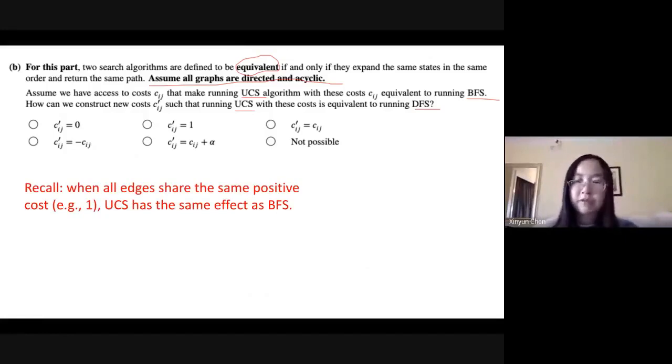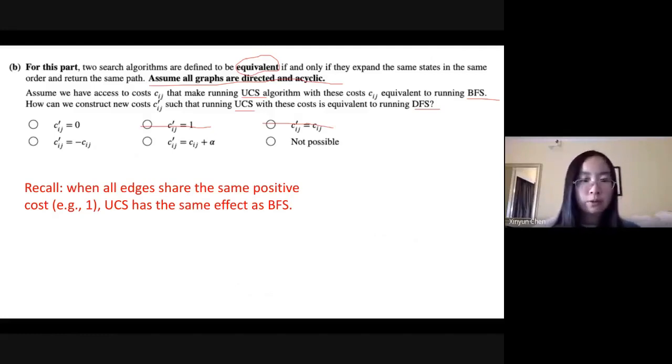same effect as BFS. So from this observation, we know that C equals 1 is not the answer, because this will be equivalent to BFS instead of DFS. Similarly, this will not be the correct answer, because if we assign the same weights, then it is still equivalent to running BFS, and BFS is definitely not equivalent to DFS.